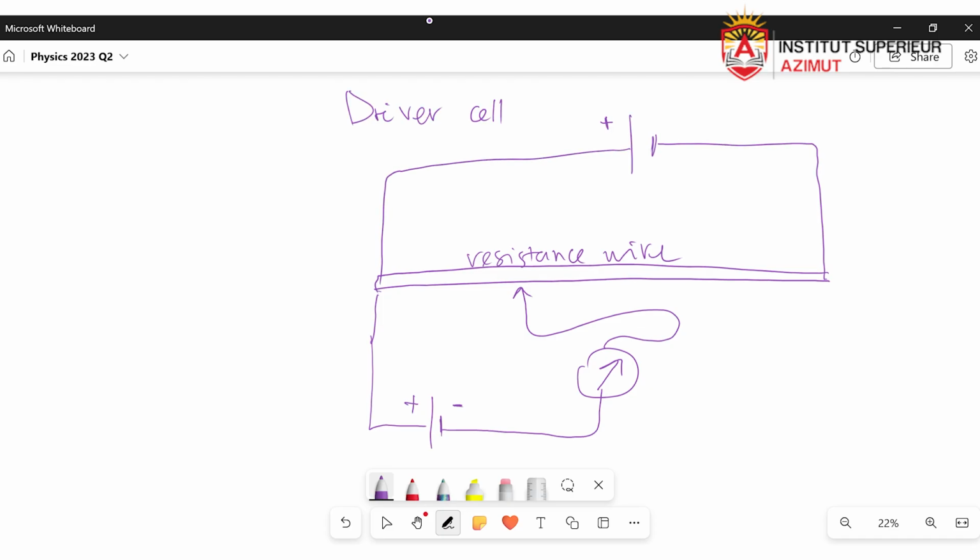So the driver cell is connected in such a way that the positive terminal of the driver cell is in contact with the positive terminal of the test cell. Now, what is happening in a potentiometer experiment? The extremities of this resistance wire are X on the positive side and Y on the negative side.